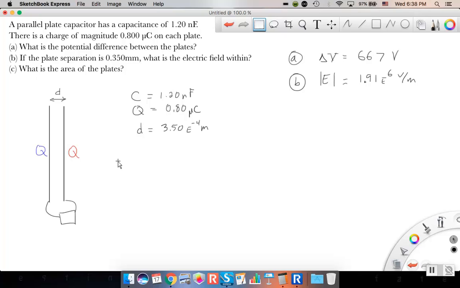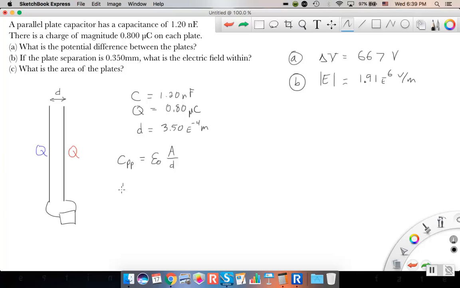Now our third part, part C, what is the area of the plates? So there's actually a couple of ways that we could go about this. One of them is by looking at the equation for a parallel plate capacitor. And we look at epsilon naught, area divided by distance between the plates, right?